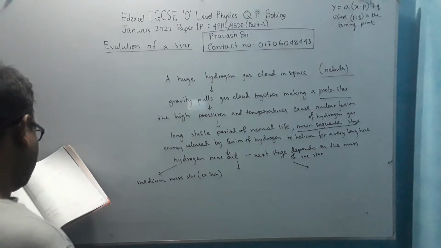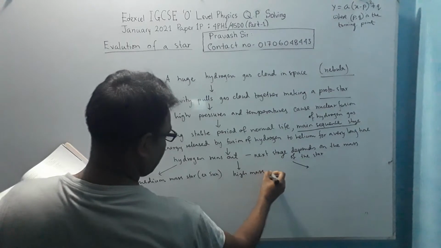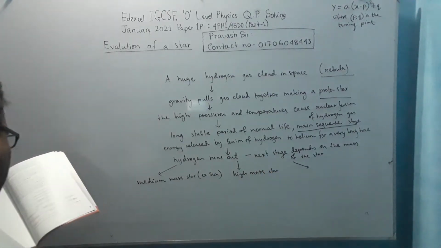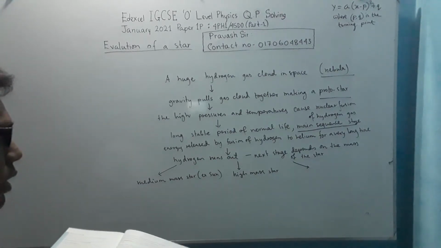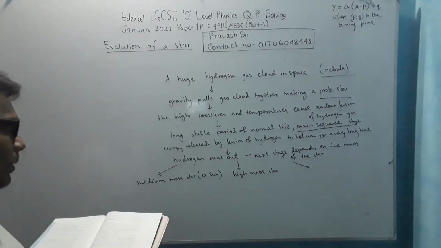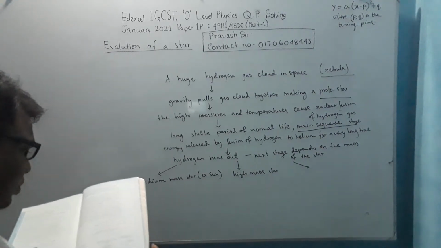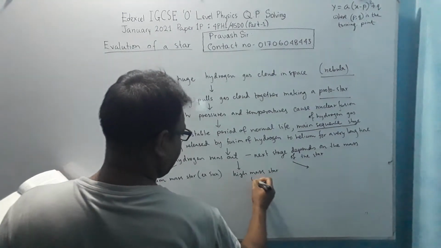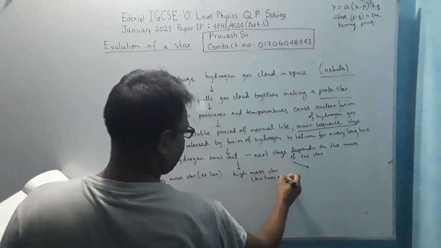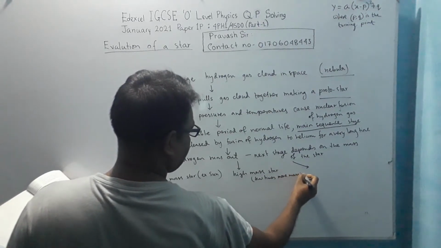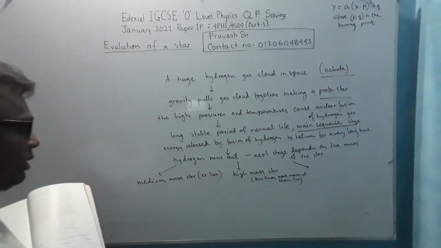And the high mass star, that is a few times larger than the mass of the Sun, a few times more massive than the Sun. This is the high mass star.